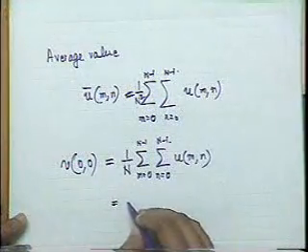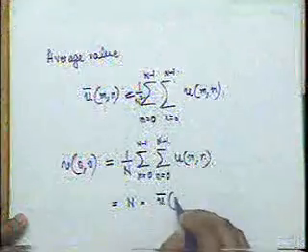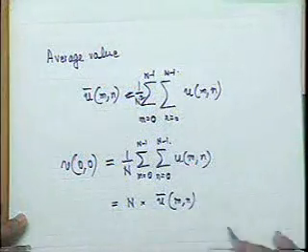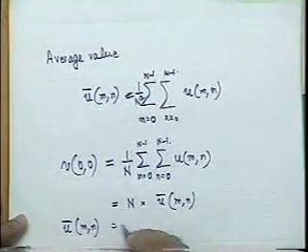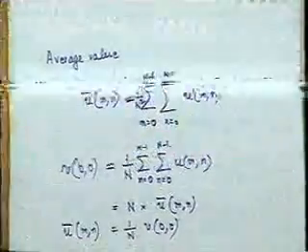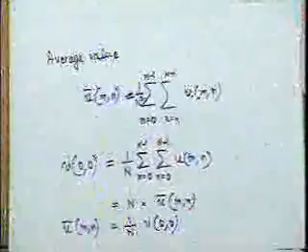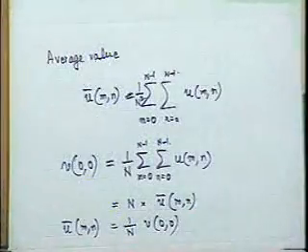So the average value of u of mn is nothing but 1 upon n V00. So simply what I get is that the average value of the image is equal to the very first frequency component, V00.